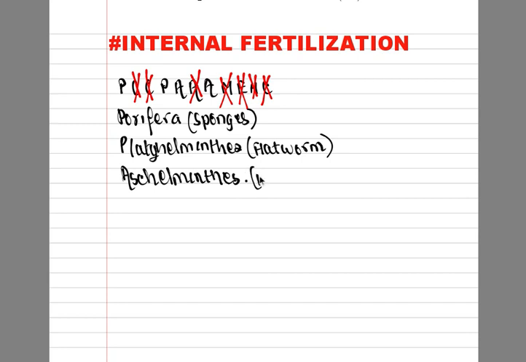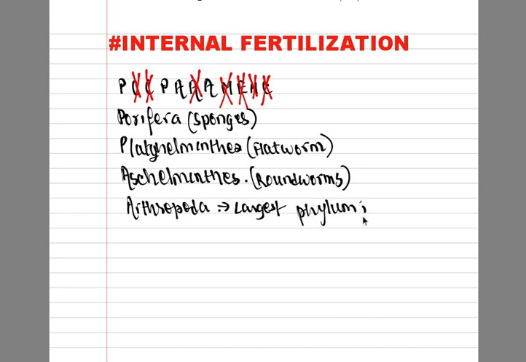They are roundworms. Arthropoda. Largest phylum it is. They all show internal fertilization. So these were the examples of internal fertilizations.